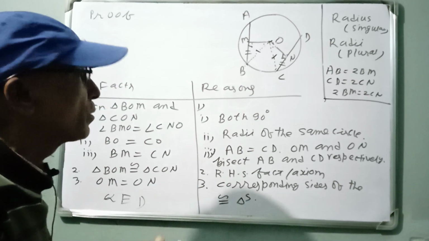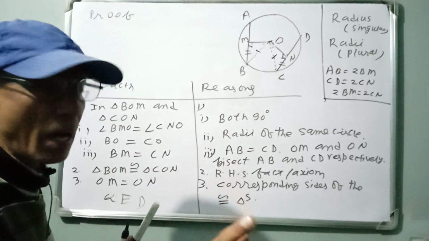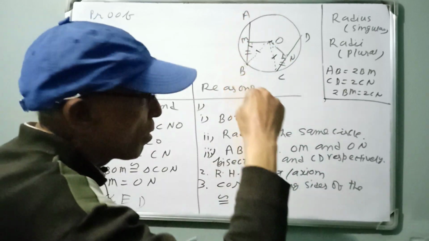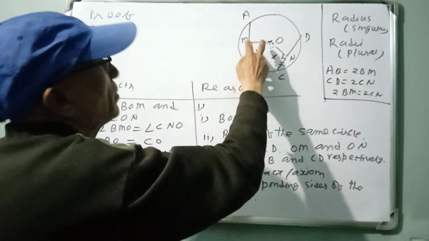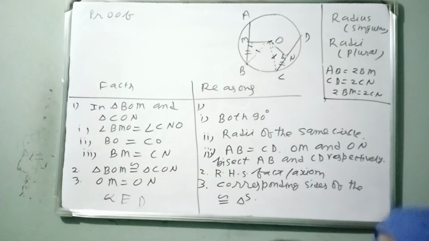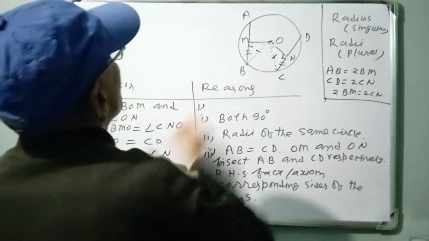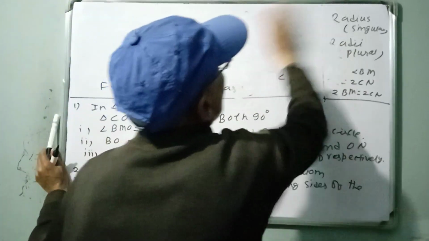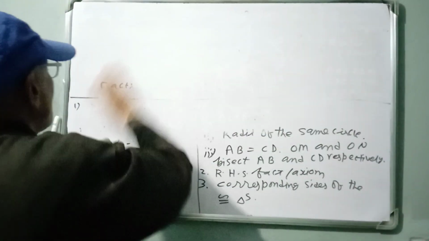Equal chords are equidistant. Equal chords are equidistant means if two chords are equal, their distances are equal, or they are equidistant. So this is theorem 3. Now another theorem related to this.